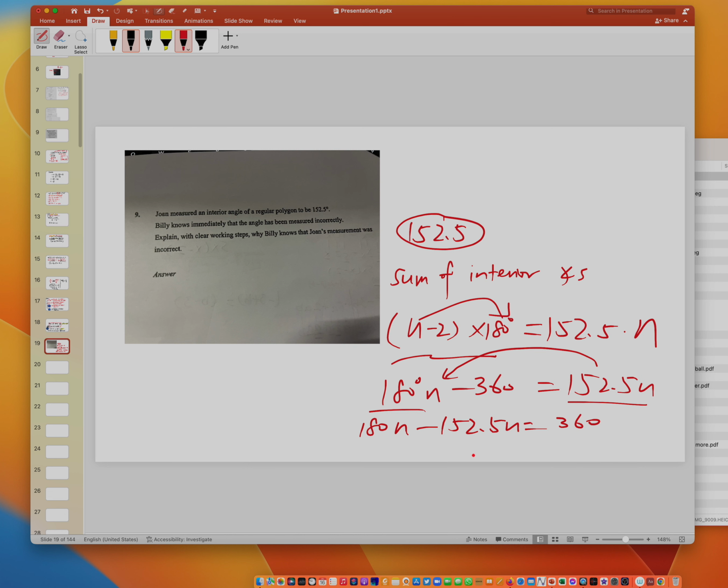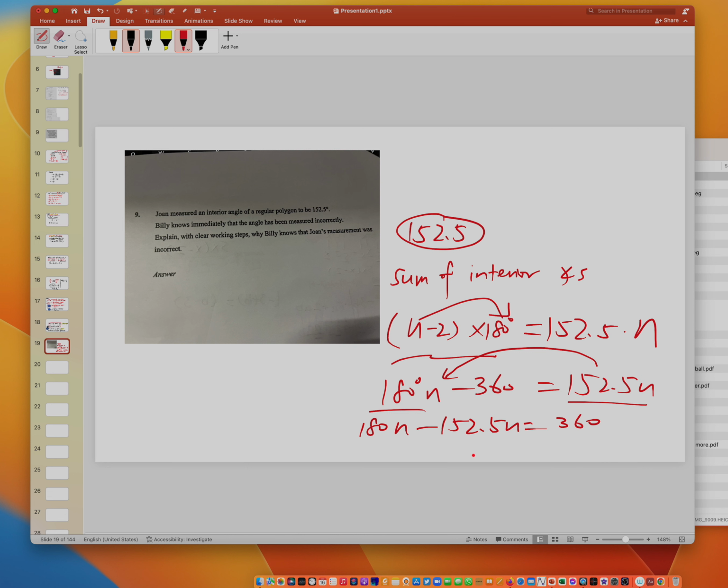You shouldn't take very long, very fast one. Just find n. N equals?